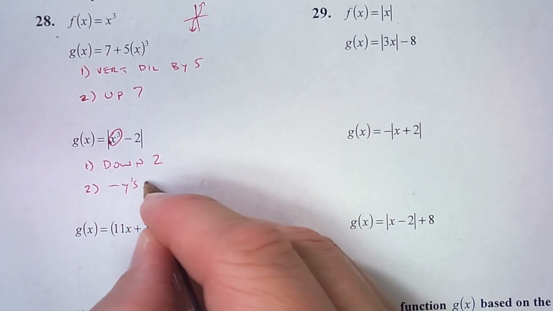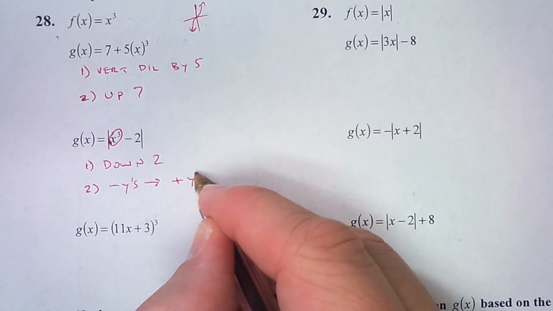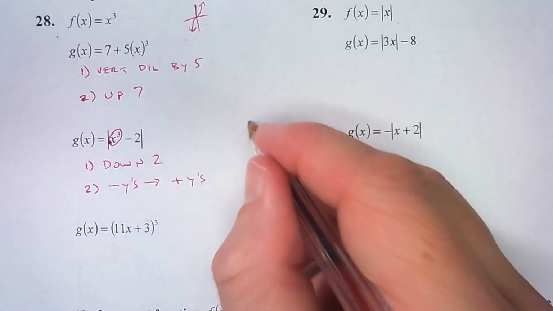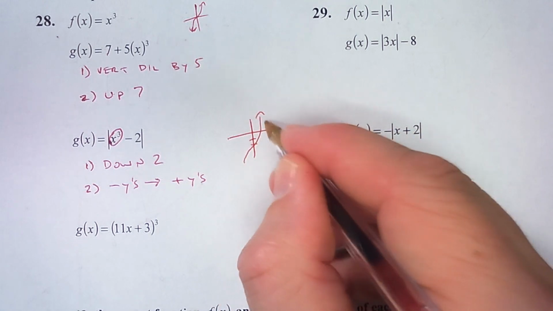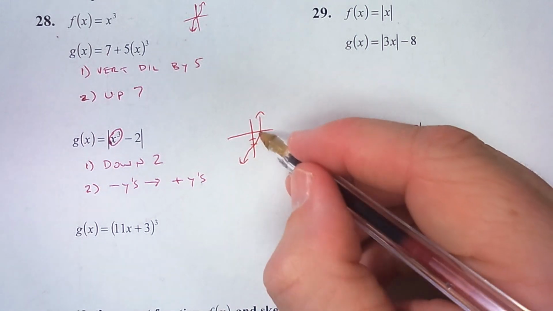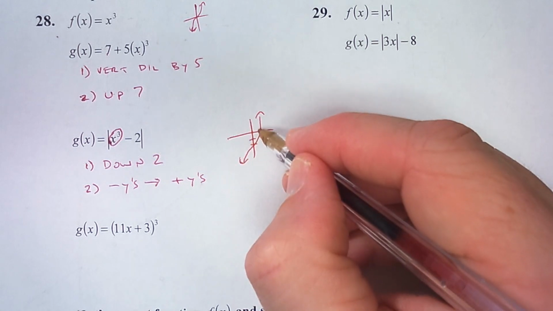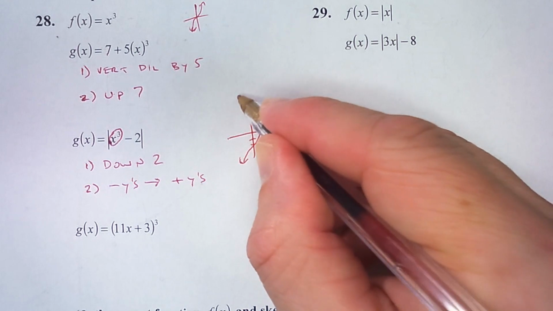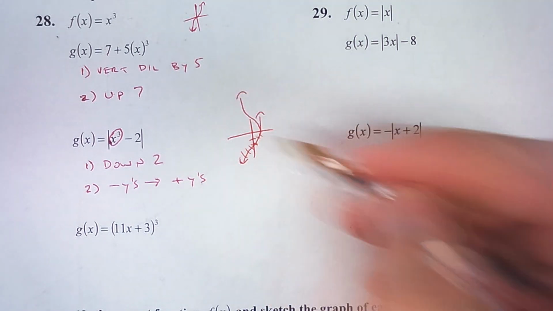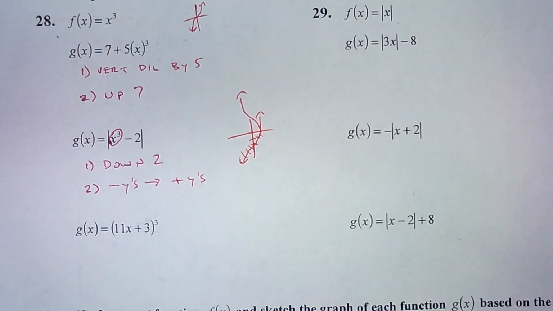So all your negative y's become positive y's. This graph shifts down 2, so it looks about like that. But then all of these negative outputs get mirrored up here like that. And these go away because of the absolute value.